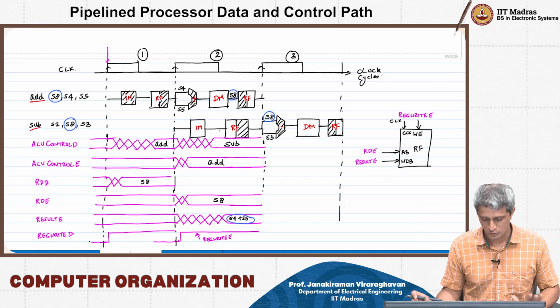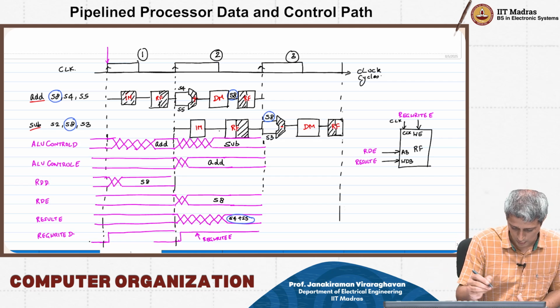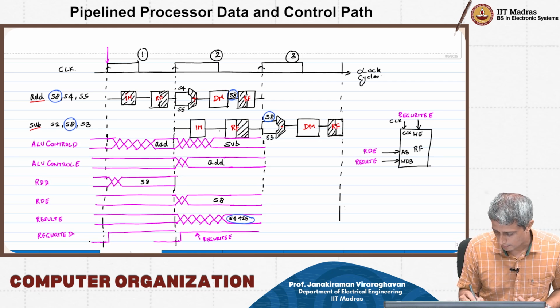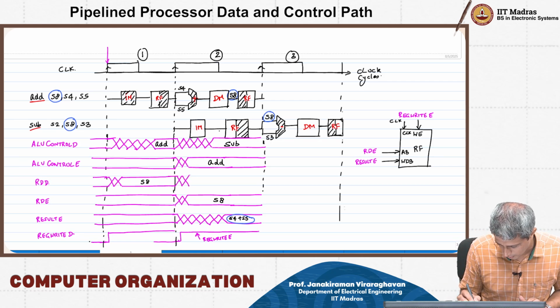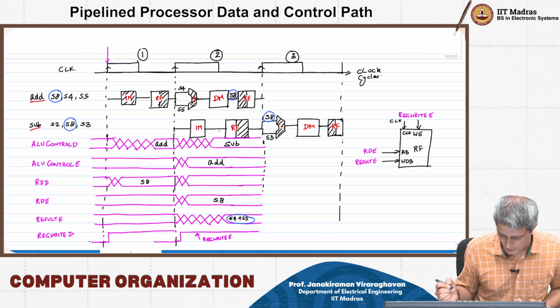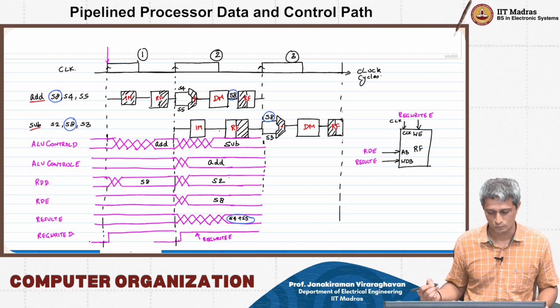Now that is what we have to see if it is really going to happen. So let us just complete these control signals. RDD is basically the destination register for the subsequent instruction, and for this instruction it is going to be S2. So therefore this is S2, right?